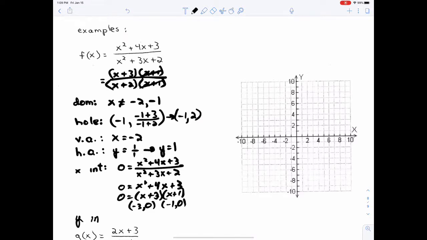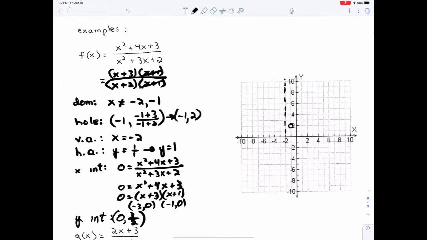Okay, and your y-intercept. For your y-intercept, remember what you're going to do is just plug in 0 for x. And if you plug in 0 for x, the numerator just becomes 3, and the denominator just becomes 2. Okay, let's plot all this stuff and then see what we can draw. Okay, so first of all, we have a hole at -1, 2. Fine. Vertical asymptote at x equals -2.